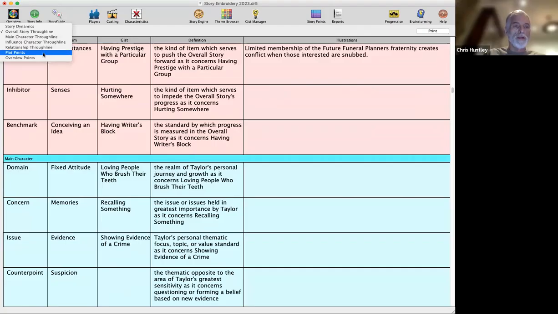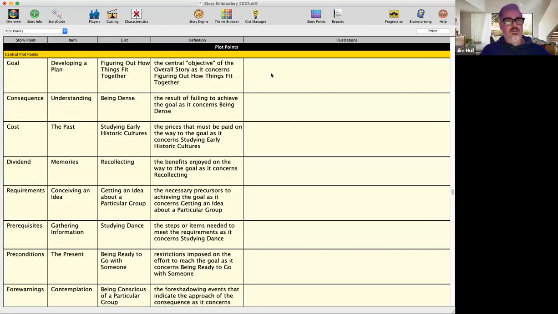Because there's a huge endowment, a huge bunch of money on the line, the future funeral planners have to figure out how to make sure they become an essential part of the school so that they can get that money. And it's all about getting the best float for Spirit Week.